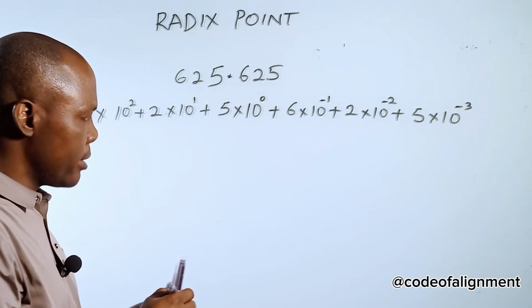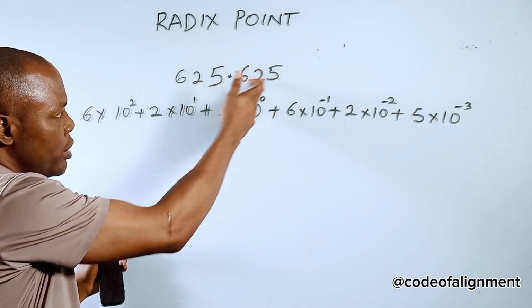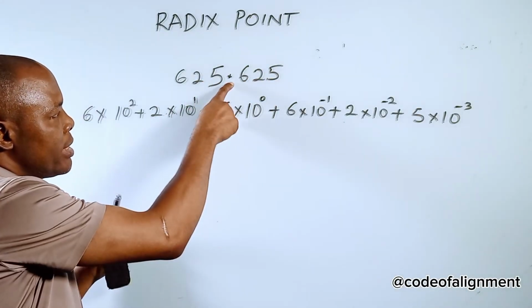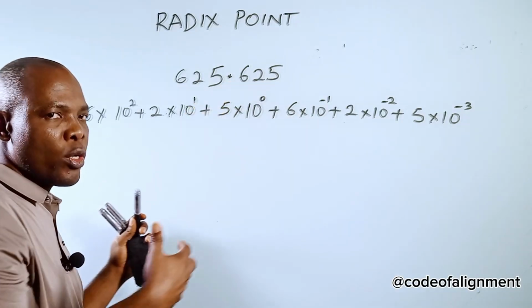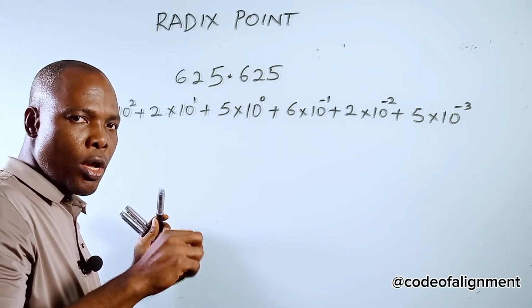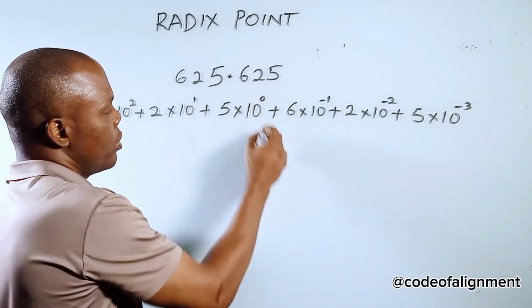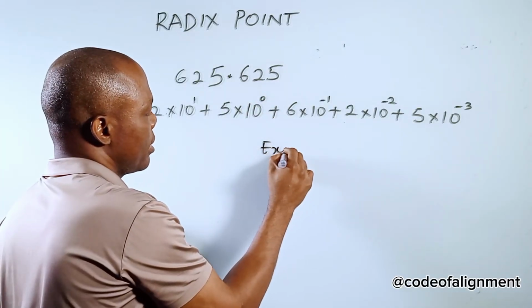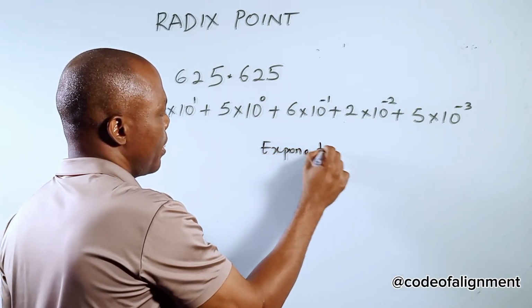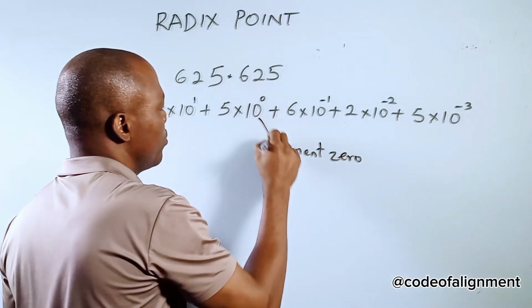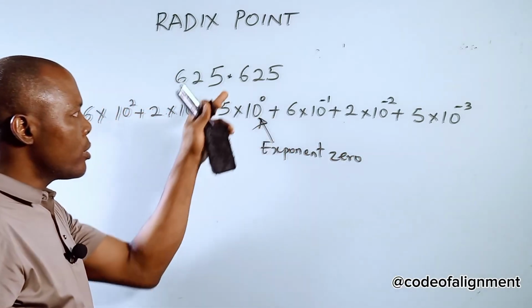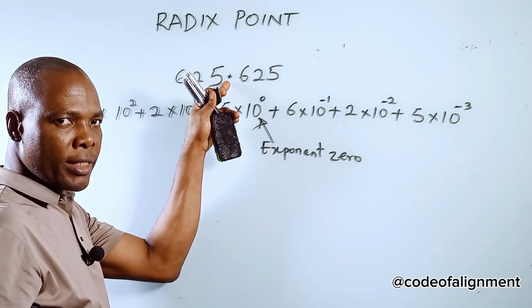Now, if you look at this, 625.625, the radix point is helping us to determine the position of the exponent 0, which is this one. So the radix point helps us to determine that.